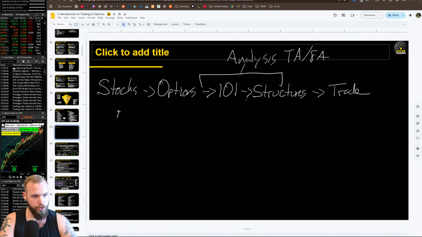It's not understanding stocks. It's not understanding options just at a high level. It's not understanding the Greeks. It's not understanding implied volatility. It's not knowing different configurations of options.